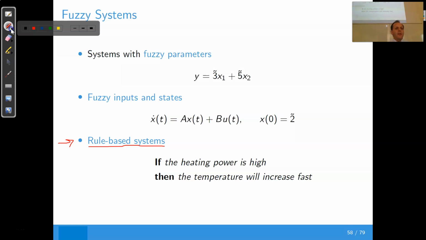With a fuzzy relation you can describe very easily, we will see later, an example of a tank which is filling with water. Normally a rule-based system is described by means of if-then rules. This is the prototype if-then rule.